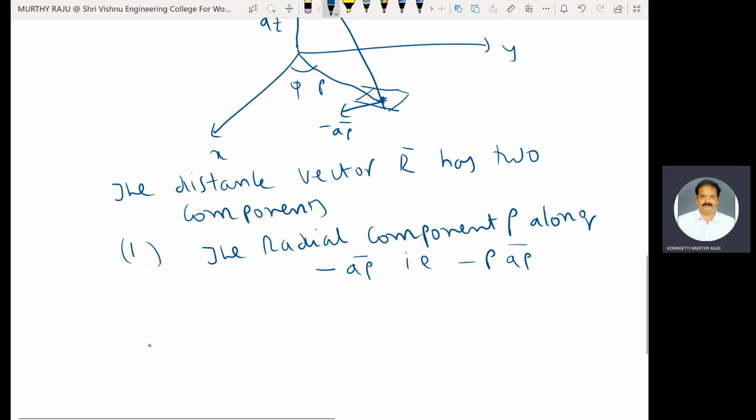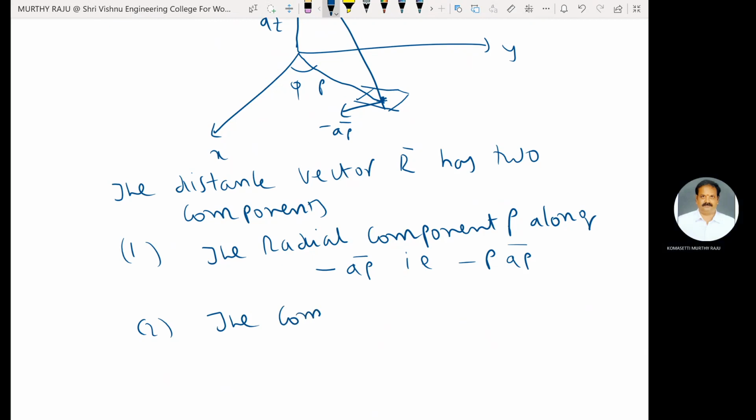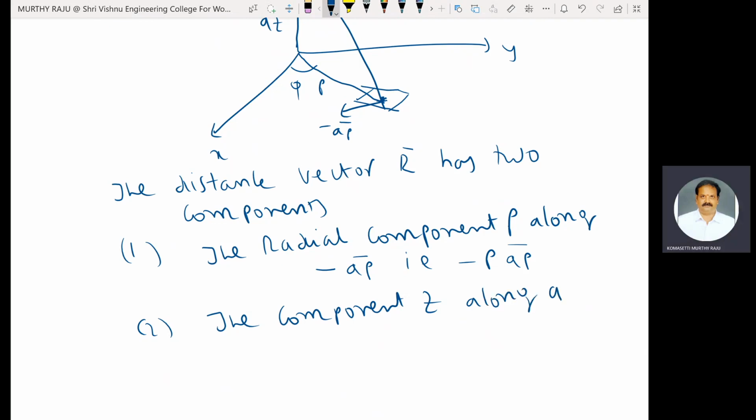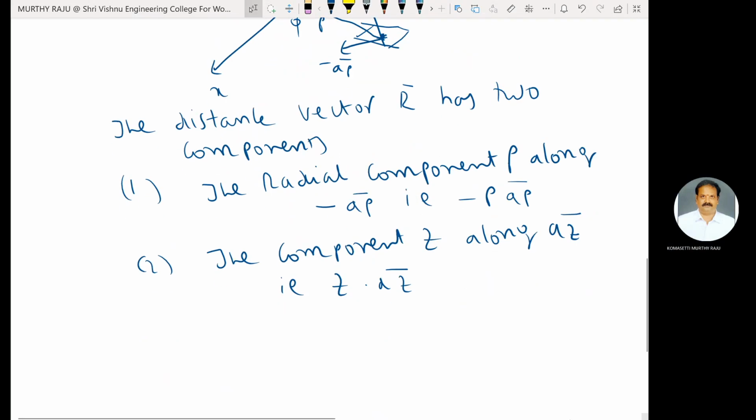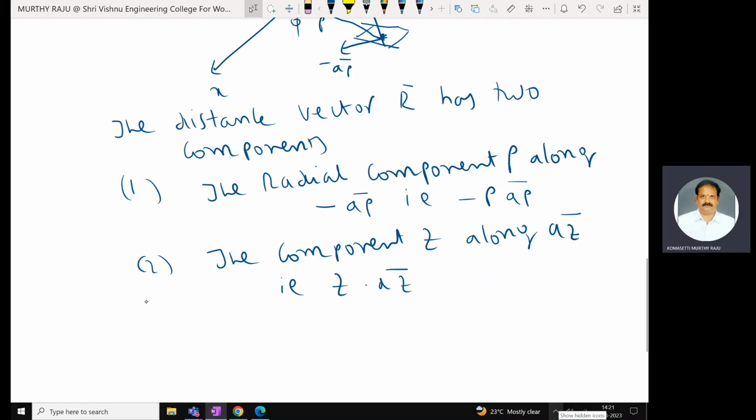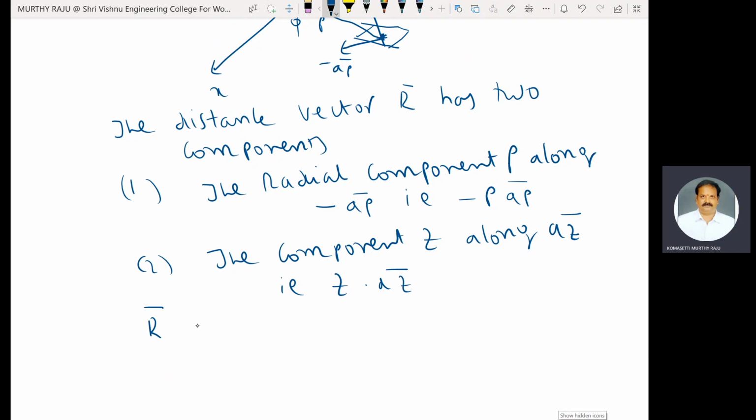Second one is the z component, z into a z bar. Therefore, finally, the distance vector R is equal to minus rho a rho bar plus z a z bar.